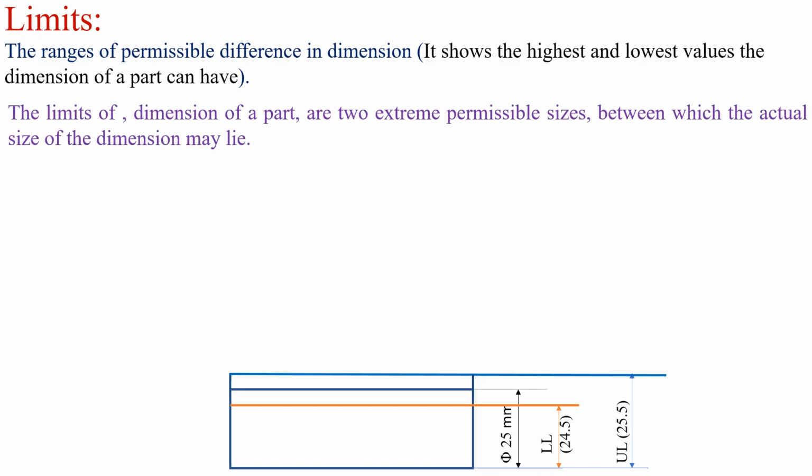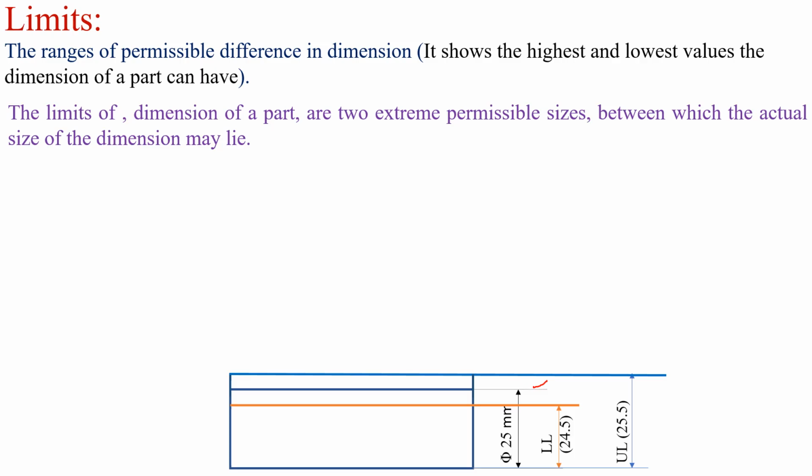The limits of a dimension of a part are two extreme permissible sizes between which the actual size of the dimension may lie. For example, we have to make a shaft with a diameter of 25 mm. So here the basic dimension is 25 mm, but we are giving an acceptable limit.